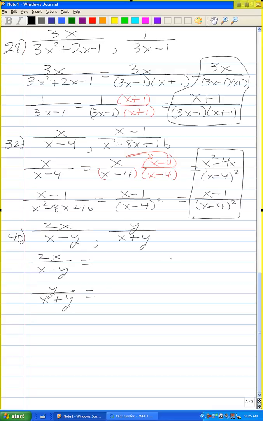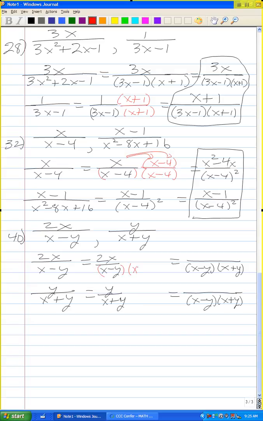The least common denominator, oops, that looks like a 4 rather than a y, is found by multiplying each of these denominators, x minus y, x plus y. And so let's multiply and divide by x plus y, x minus y.